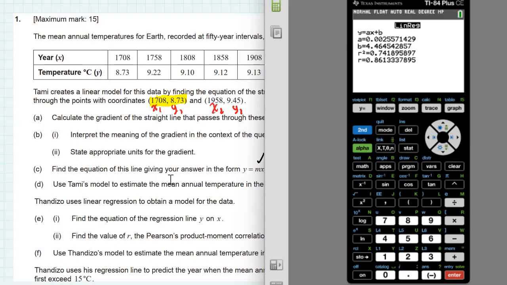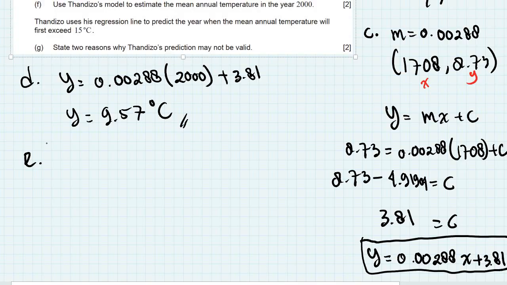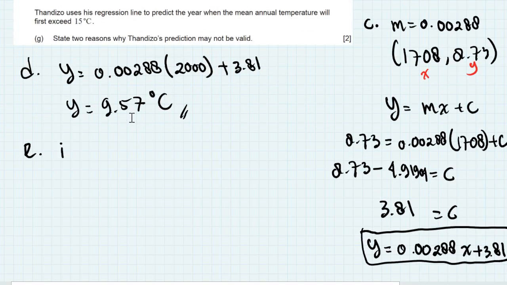Okay, let's input the answer. So for question E, what was the question? Find the equation of y on x. So y equals 0.00256x plus 4.46.